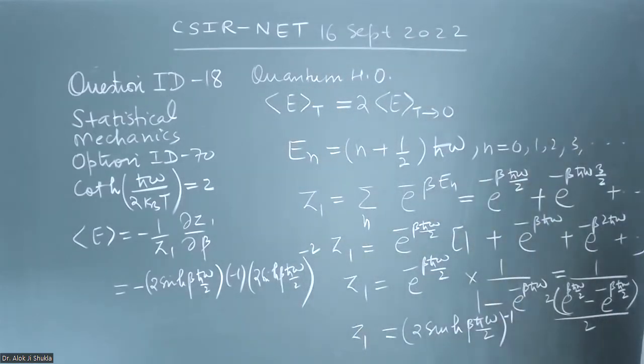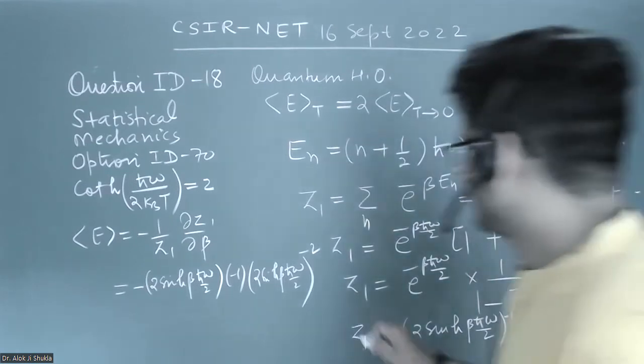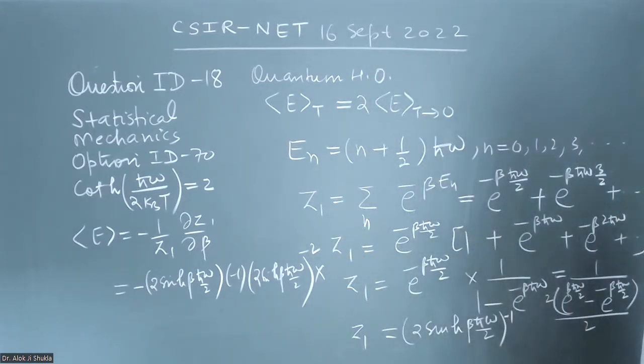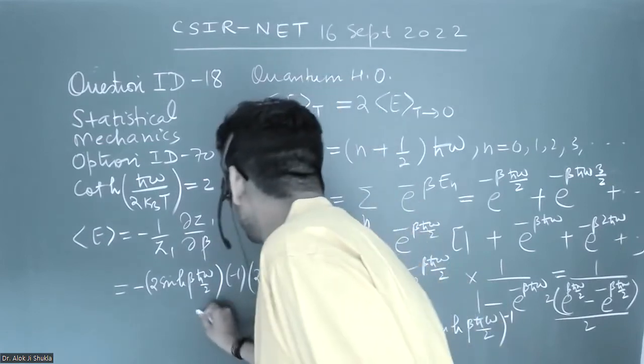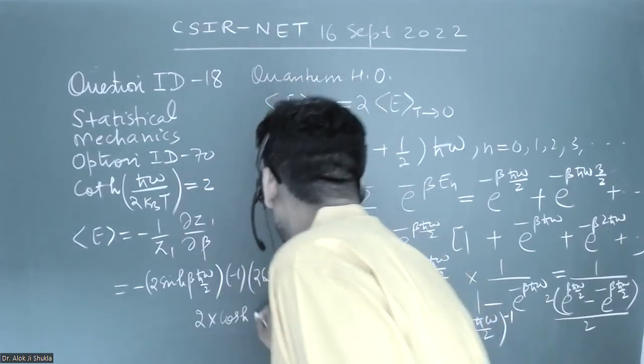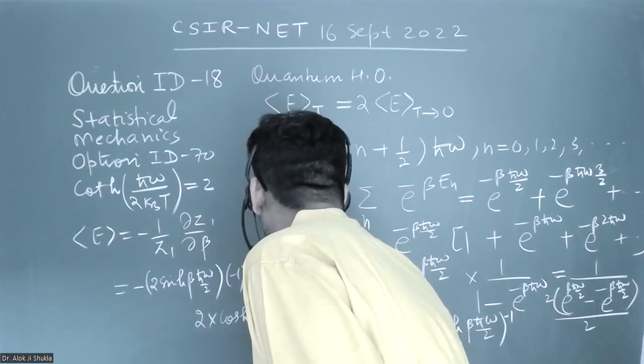So minus 1, minus 2, and then the derivative inside will become 2 times cos hyperbolic beta h cut omega by 2.